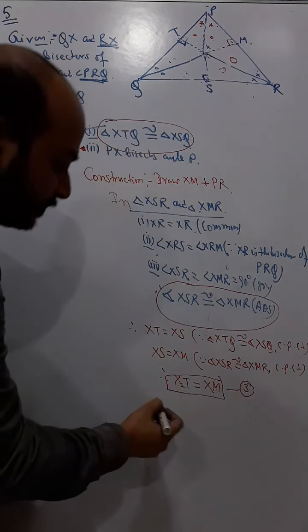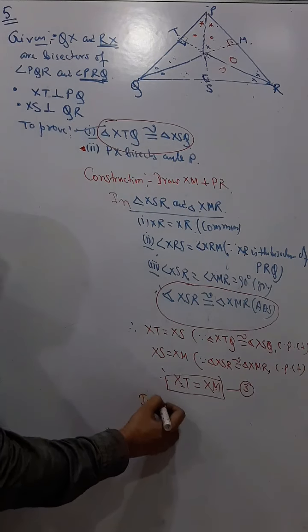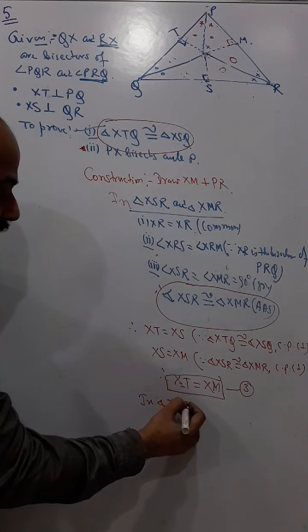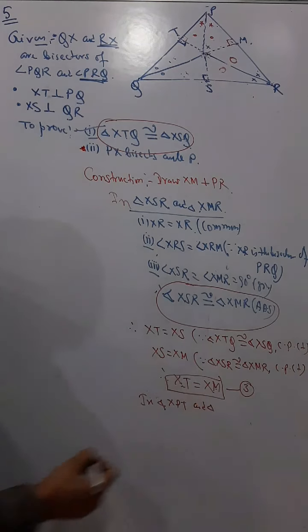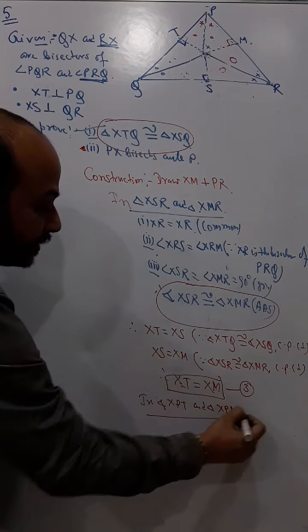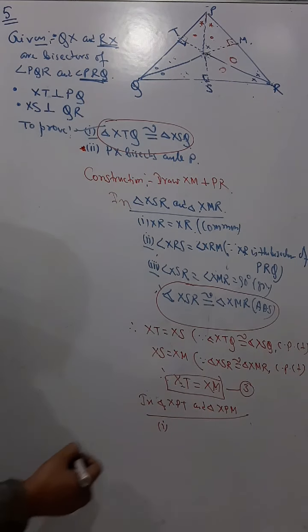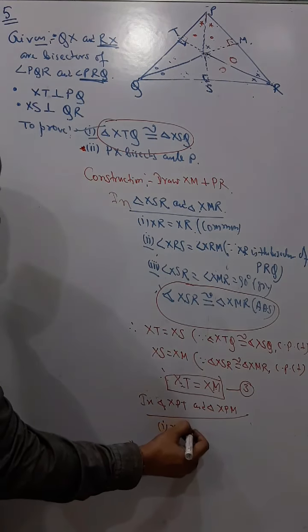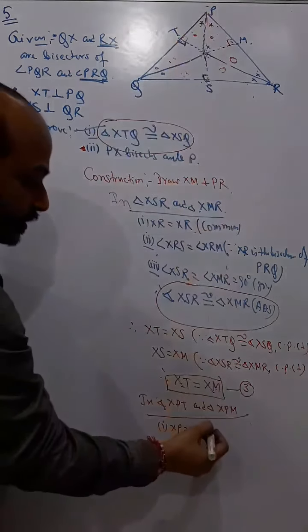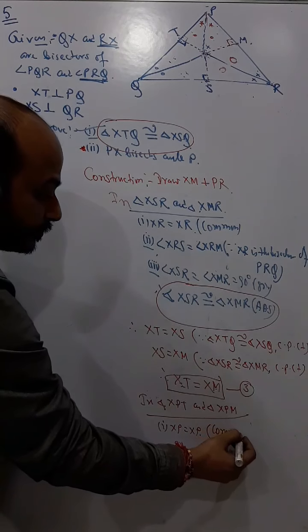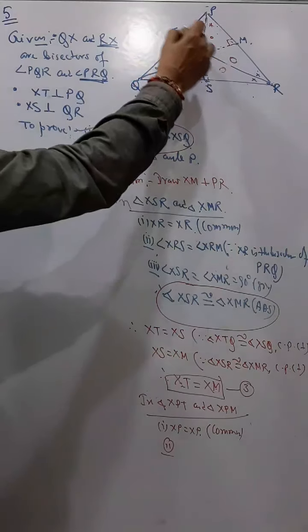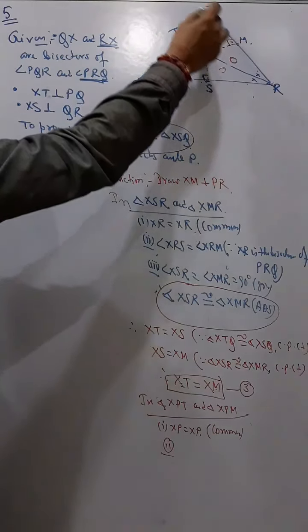Right, so now if I take triangle XPT and triangle XPM, the first point we can say XP equals XP. In those two triangles XP equals XP, that we say common. Number 2, again we can say angle XTP equals angle XMP, 90-90.